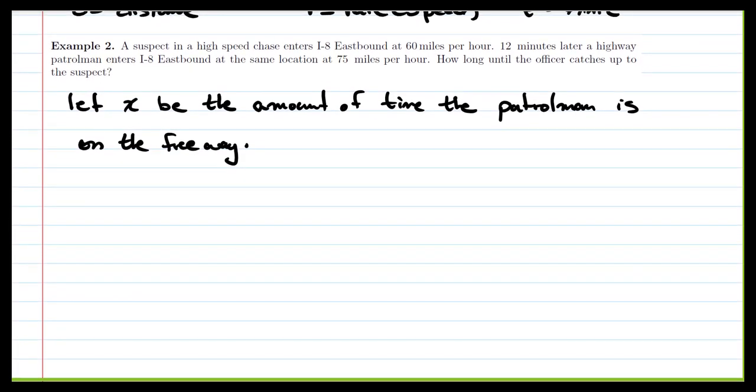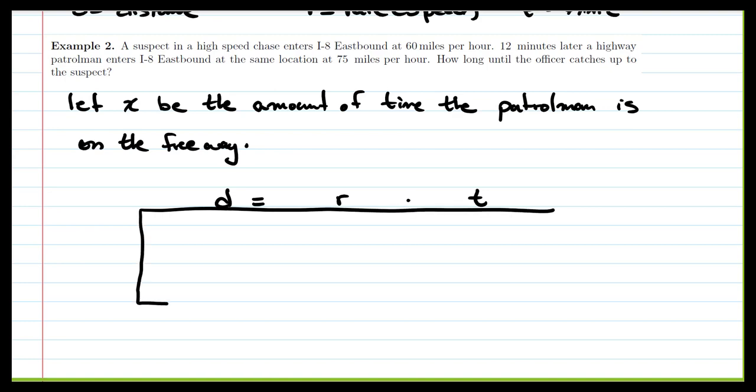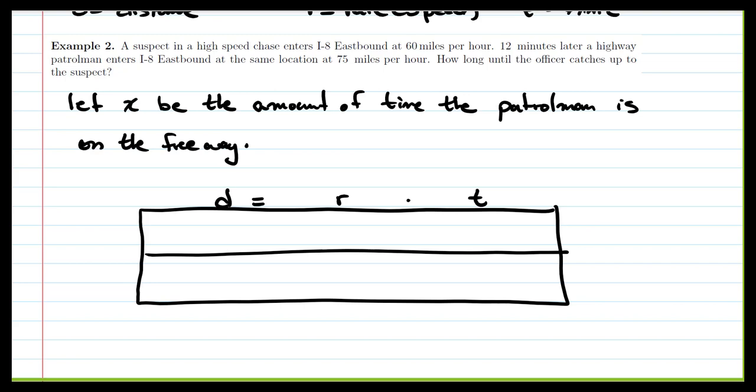All right, so we make our chart. We have D equals R times T, and we're going to have our patrolman and our suspect.